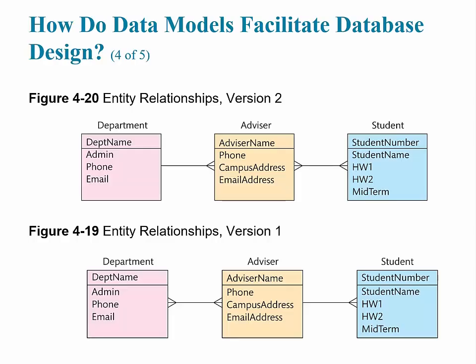That's why you see a one-to-many relationship between advisor and student in the bottom version. So depending on how you assume your database, the interpretation or execution can be different.